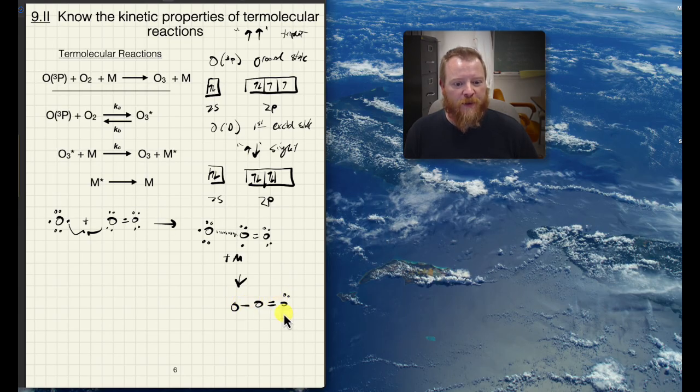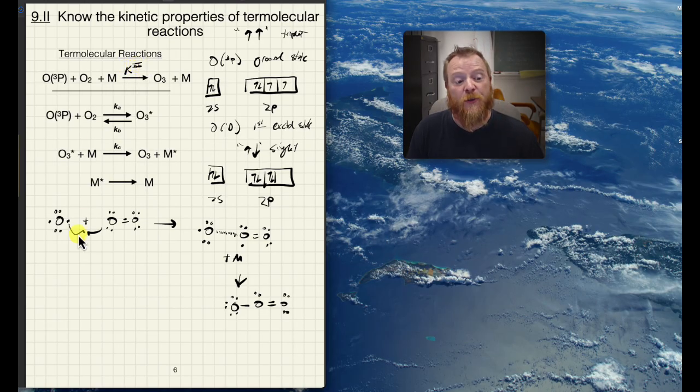Okay, looks something like this, where all of the electron pairs have been satisfied. And certainly, depending on the rate of inhibition and the rate of production, right, depending on if it's in the high pressure limit or the low pressure limit, that's going to dictate the mechanism and the kinetics that are observed.